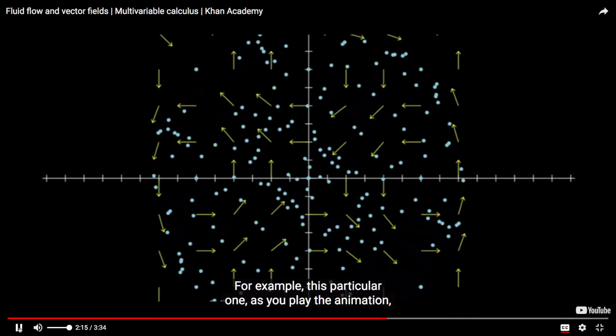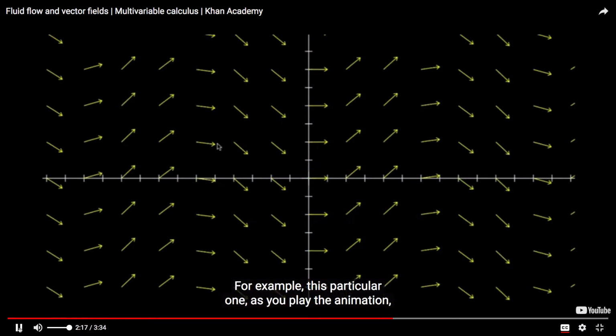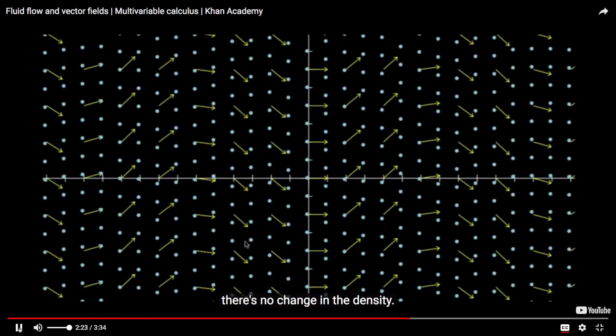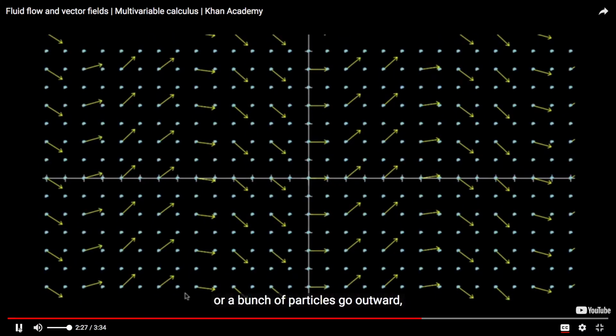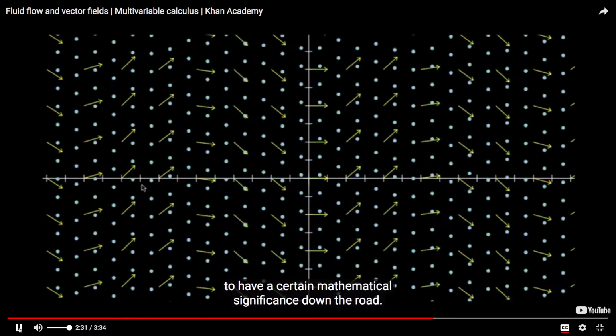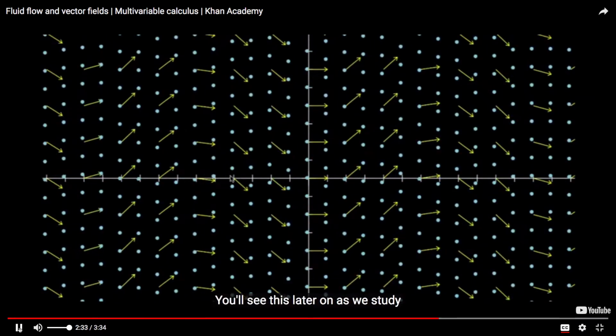For example, with this particular one, as you let the particles move along the vectors, there's no change in the density. At no point do a bunch of particles go inward or outward. It stays constant. That turns out to have a certain mathematical significance down the road, and you'll see this later on as we study a concept called divergence.